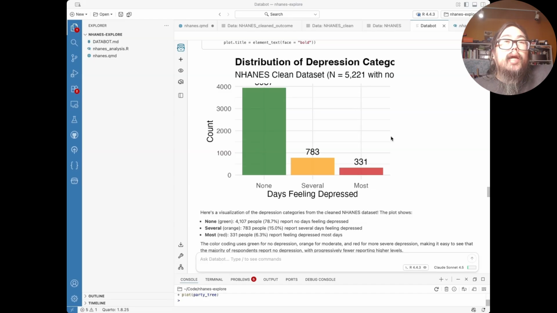I was looking at the depression variable, which is stratified into three different categories. The first is having no days of feeling depressed. The second is having several days of feeling depressed. And the last is having the most number of days of feeling depressed, which I believe is over a month.